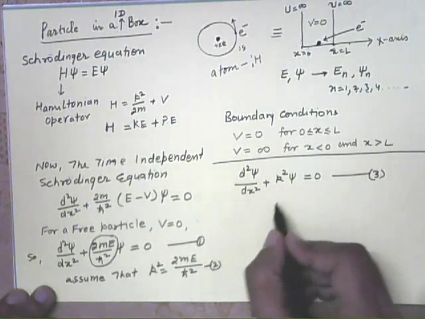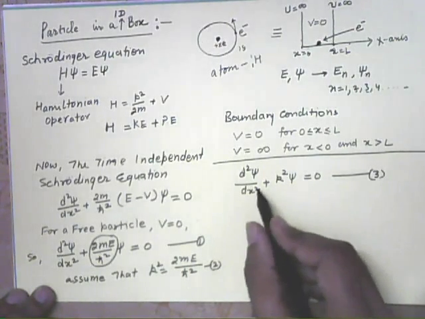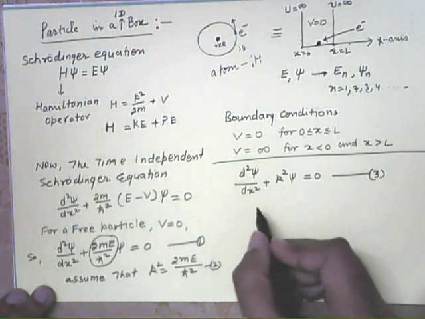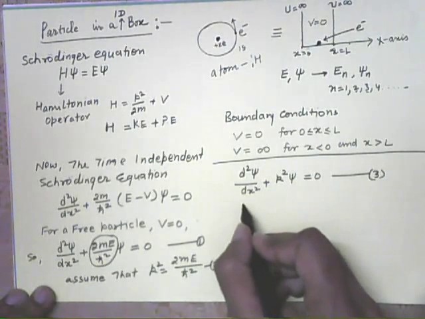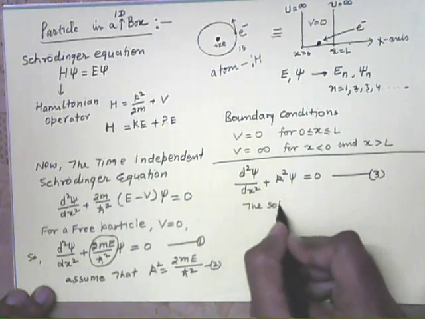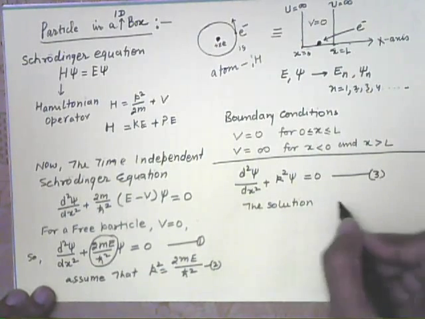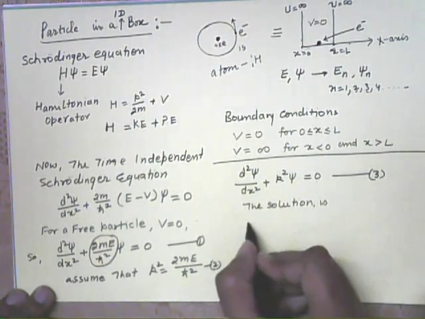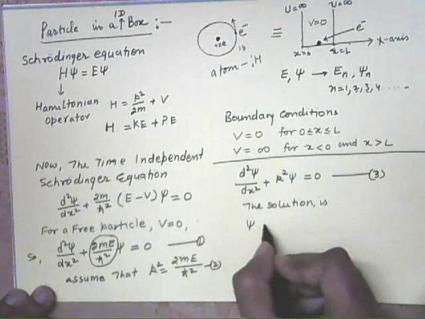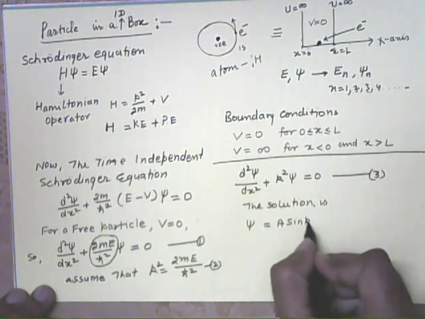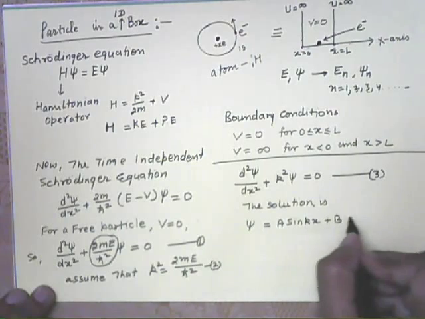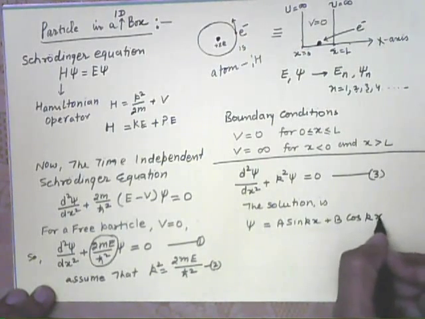Now we have to find the solution of this second order differential equation, and we can assume the solution is psi, a function of x, is equal to A sin kx plus B cos kx.